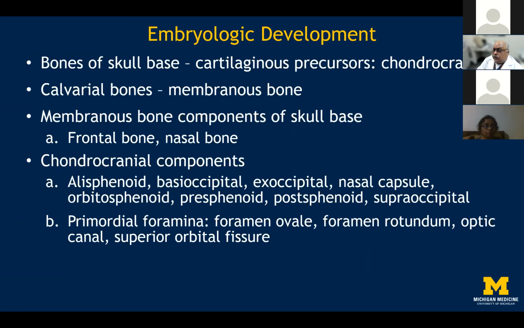There are certain primordial neural foramina which are important because those allow for egress of the neural elements from the brain to the head and neck, and they form an important conduit for communication of pathologies from the head and neck to the intracranial compartments.